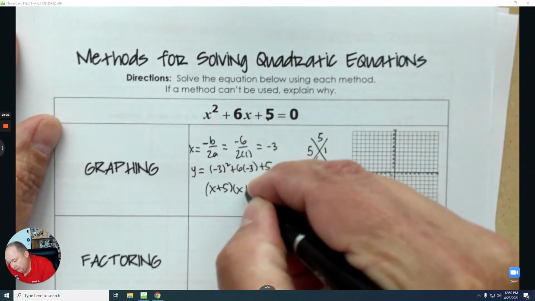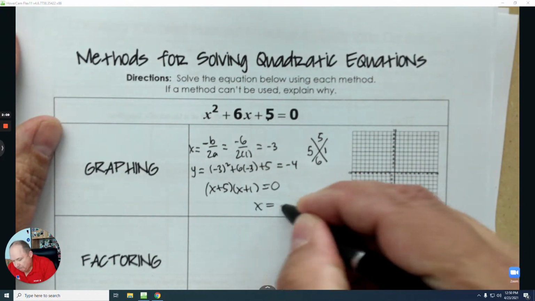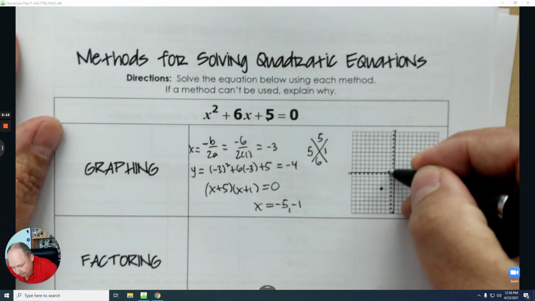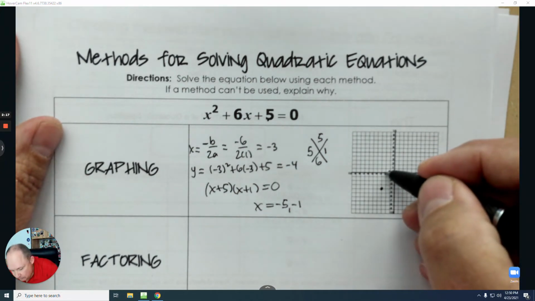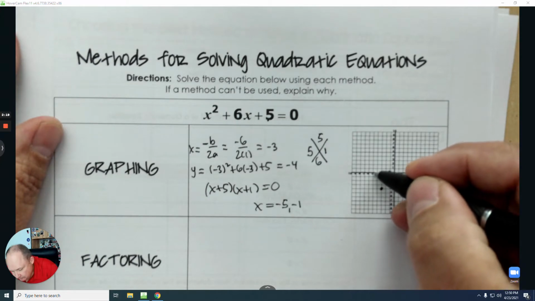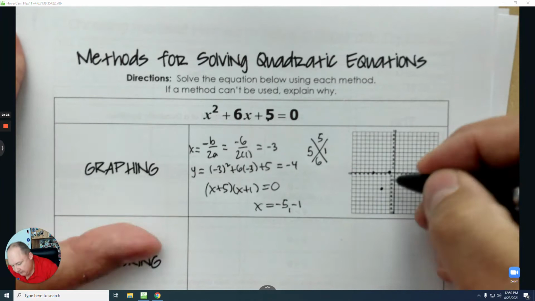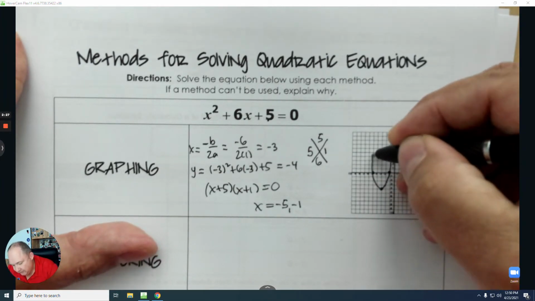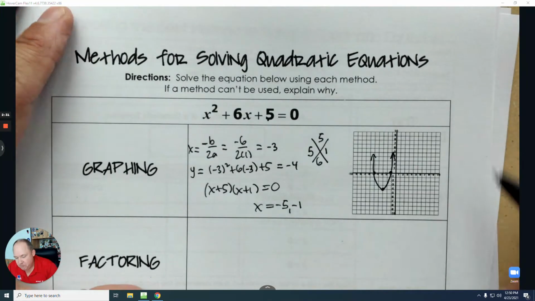Your solutions are the zeros of that. So that would be negative 5 and negative 1. And we'll draw it from there. And here becomes the important part of this: how do you solve something off a graph?